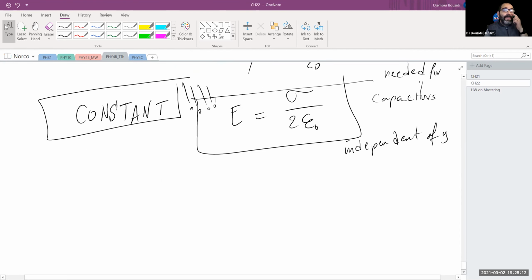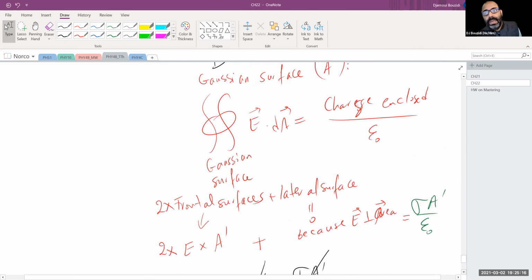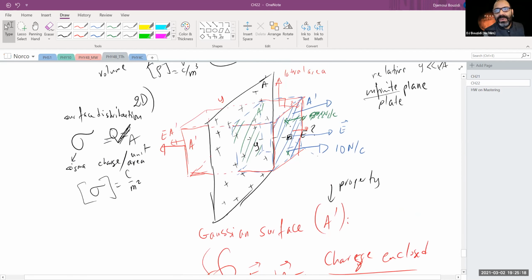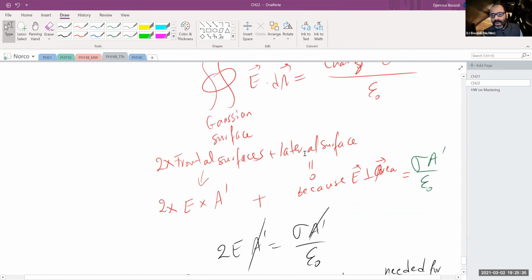So again, we could really have done this with chapter 21, and it is doable actually. You're going to take an element of surface, it doesn't matter where, and do an integration, and it's going to be a nasty integral involving two variables, and it's going to end up with the same result as we got. You're going to do some cancellations left and right, but you're going to end up with a complicated result that doesn't depend on how far you are.